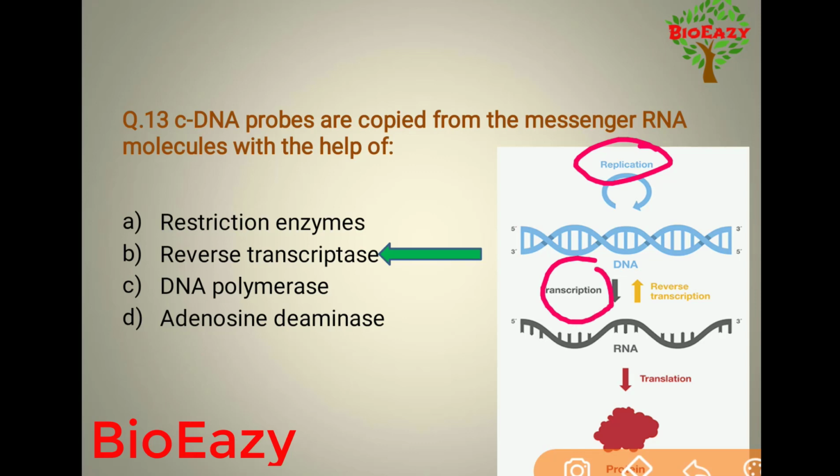And when protein is formed from single-stranded mRNA, this process is called translation. While from single-stranded mRNA, a double-stranded DNA is formed, this process is called reverse transcription. And in this process, the enzyme is called reverse transcriptase.